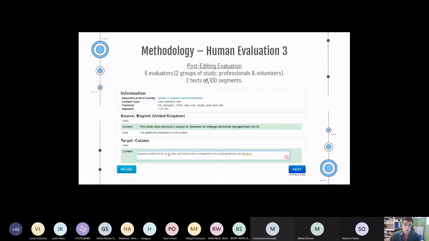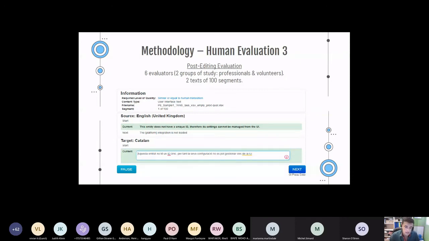And then we divided them into two study groups. The first group, 3 professional translators, evaluated Softcatalà Translator, neural machine translation, and then Google Translate. The second group was 3 volunteer evaluators who evaluated Softcatalà Translator with Apertium, both open source machine translation engines. And then we evaluated 2 texts of 100 segments. I will explain why there are 2 texts later.